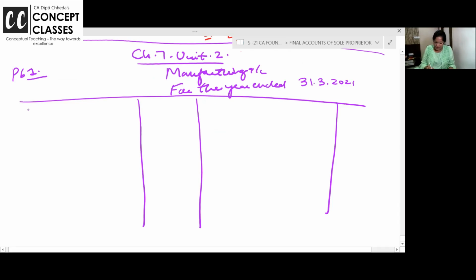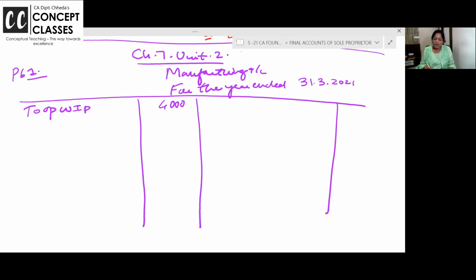The first thing will come already in manufacturing account. There will be some in between or raw material add hoga. So opening work in progress. Then you have raw material. 31st March 2021, last date of the financial year.